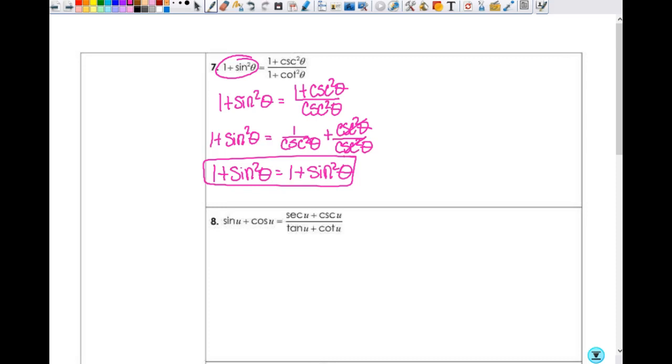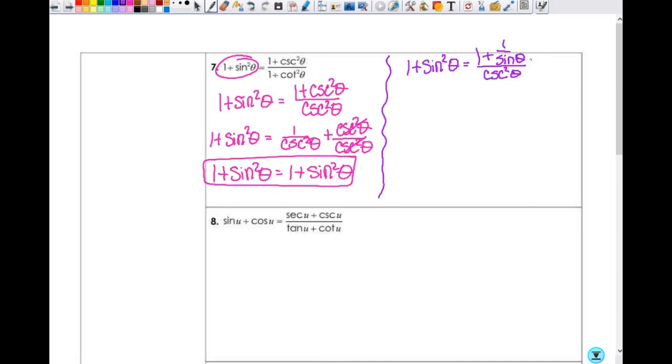That's okay. And then I'm going to work it a different way as well, because I just want you to see that there's other options out there. And I'll do some of the reciprocal stuff that y'all did. So I'm going to start with 1 plus sine squared theta equals. All right, so I did see some of you do cosecant squared down here, but then you made this into 1 plus 1 over sine theta, which is fine.